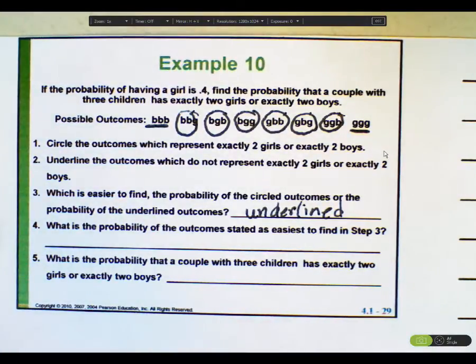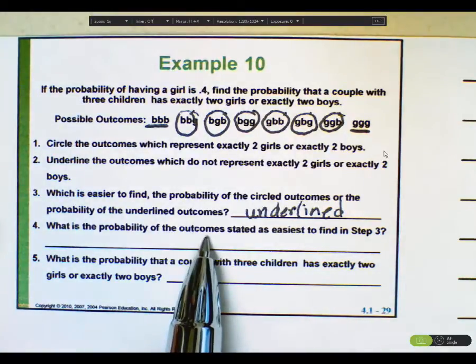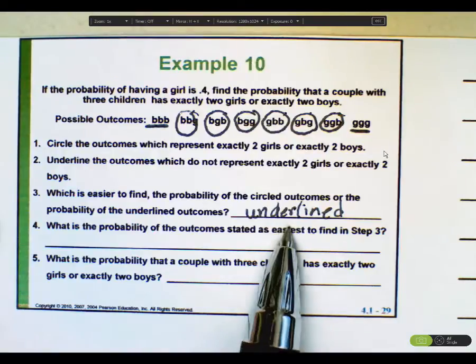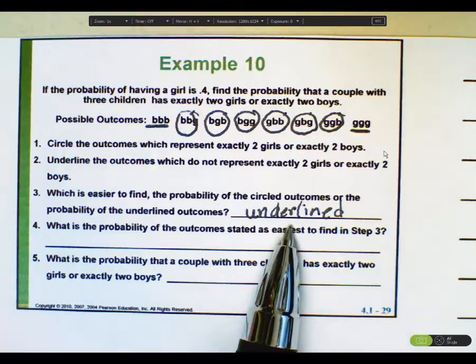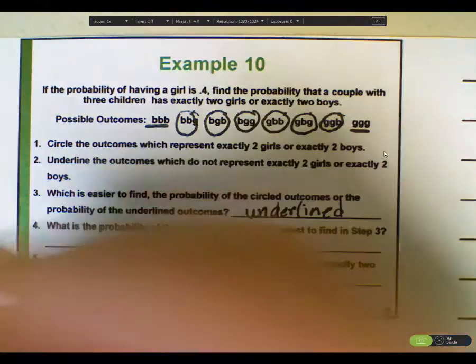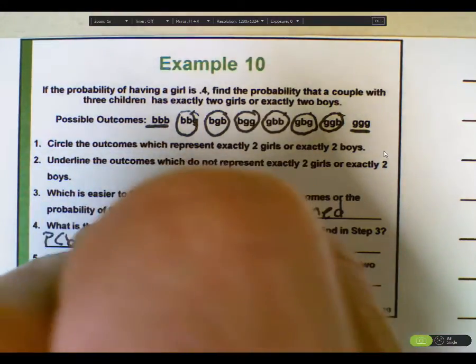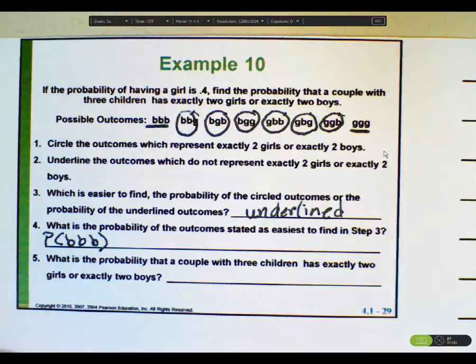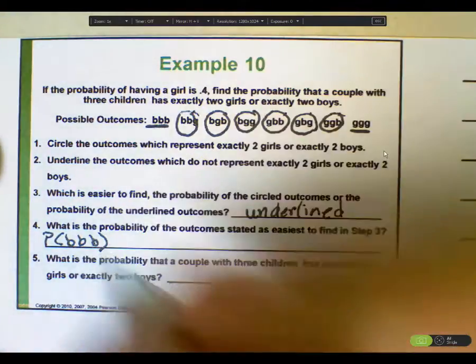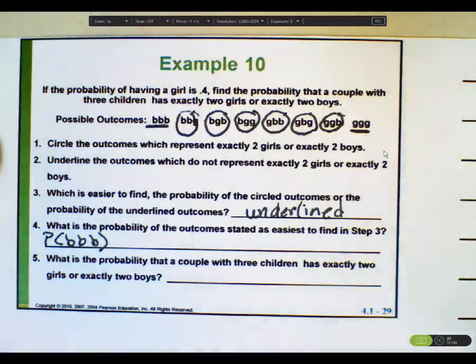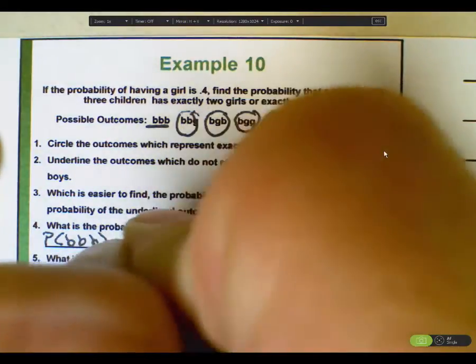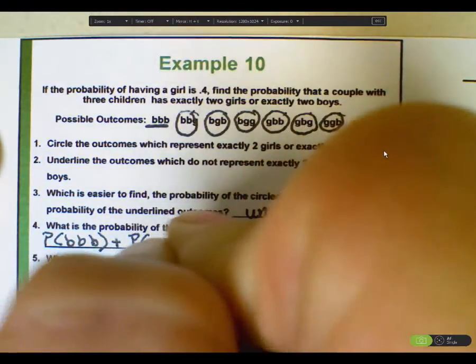What is the probability of the outcome that's easiest to calculate? The probability of the underlined outcomes. We're saying that the underlined outcomes are the probability of boy, boy, boy, not and, but or the probability of girl, girl, girl.